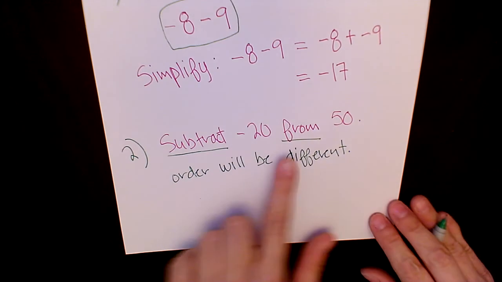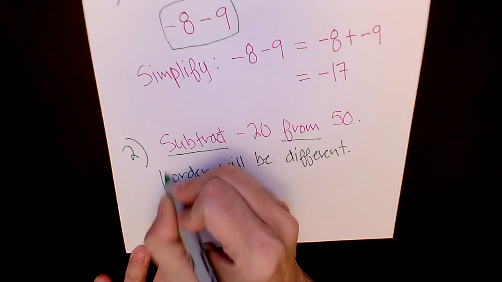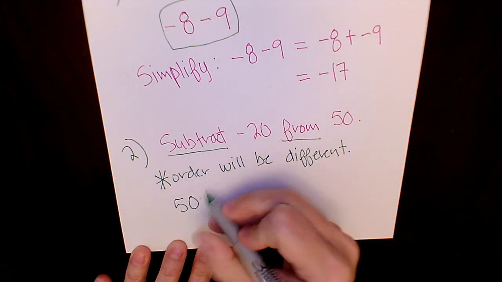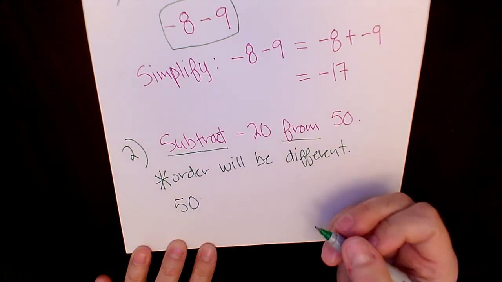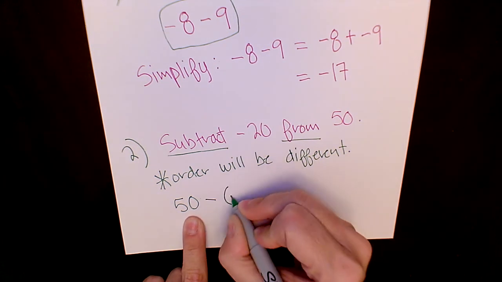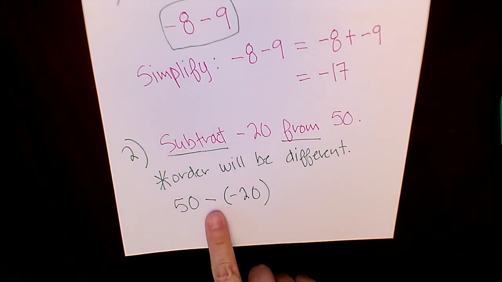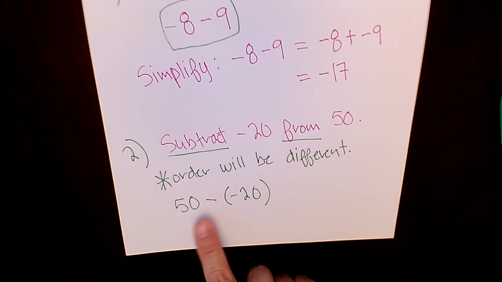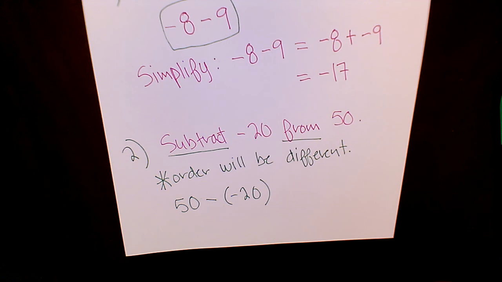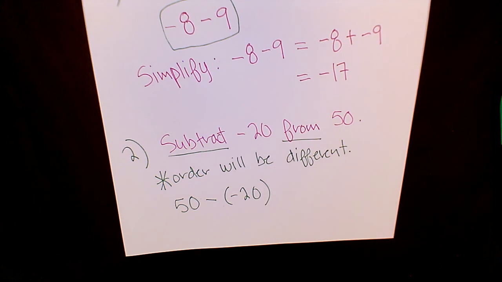Since I'm subtracting -20 from 50, I'm taking away from 50, the 50 is going to go first. So subtract negative 20 from 50. So it's going to be 50 minus a negative 20. See, I'm taking this negative 20 and I'm subtracting it from 50. So whenever you see subtract from or less than, the order will be different.